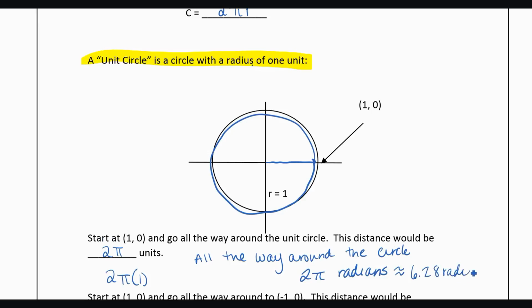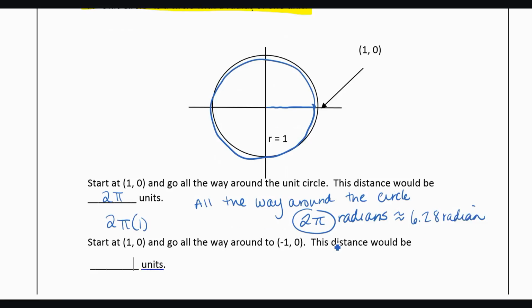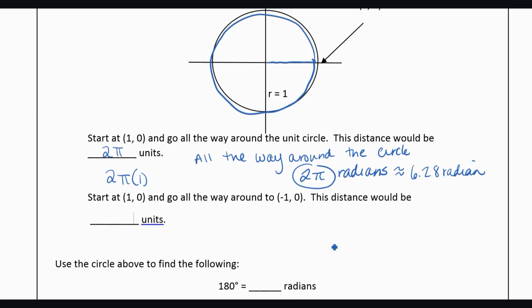So don't let the pi's throw you off. We will keep it in terms of pi. If I asked you how many radians is going around the full circle, I'd want you to tell me 2 pi, not 6.28. But it's good to remember that that's just a number.